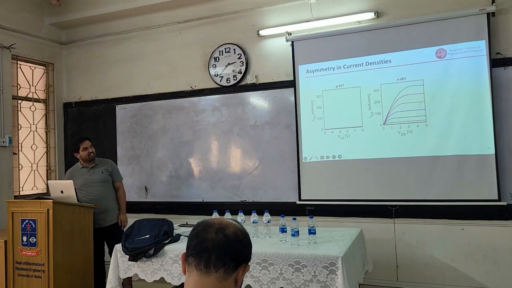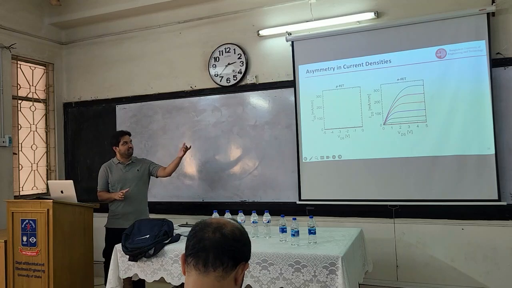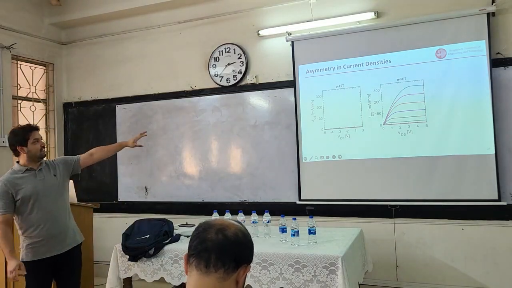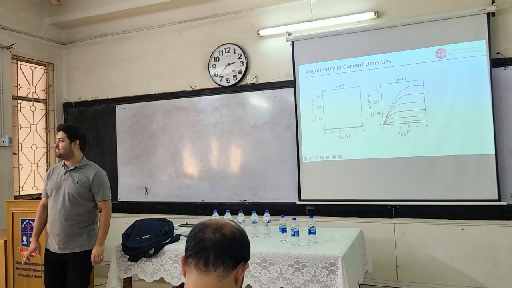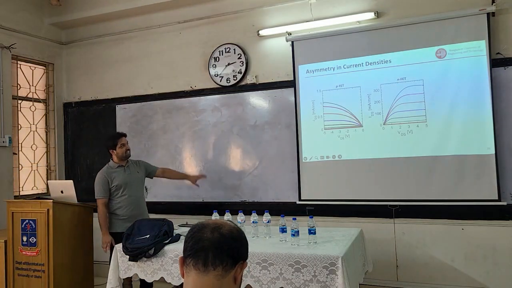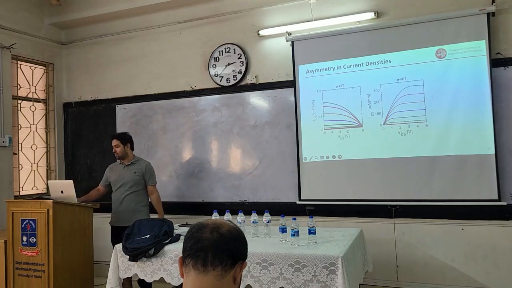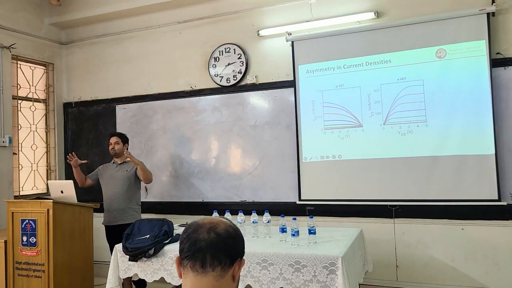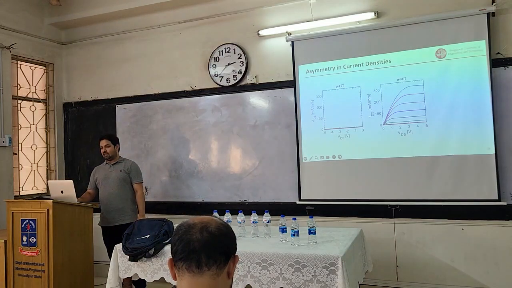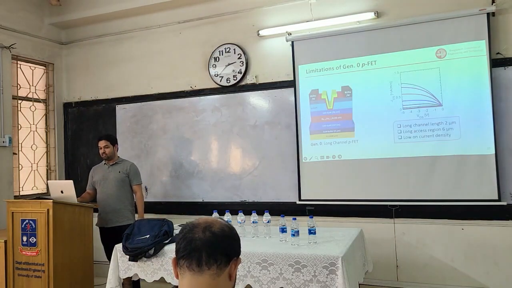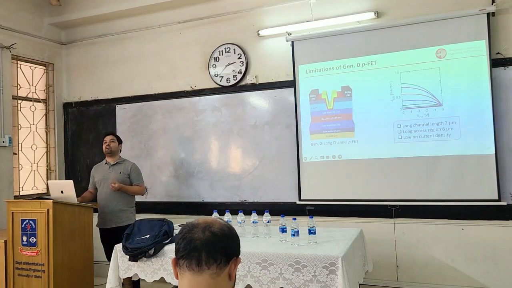If you look at the current density, if you put both N-type and P-type on the same scale, you cannot even see the current in the P-type. It has current, but the current density is very low. That's why we need to make the device wider. So we need to improve the current density. Okay? So that's the learning from generation 1.